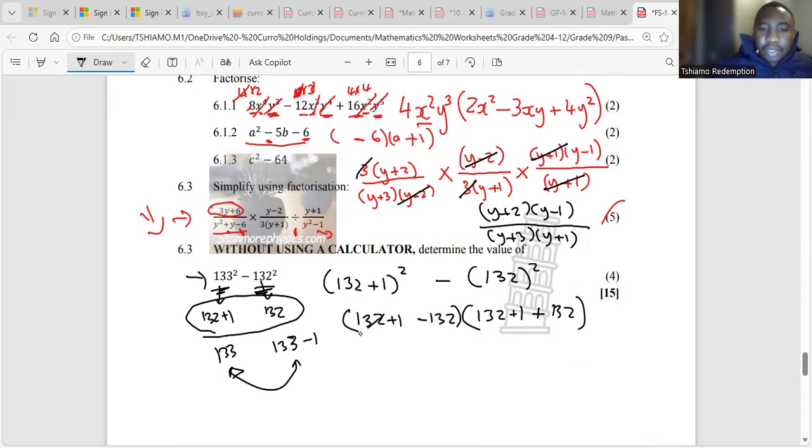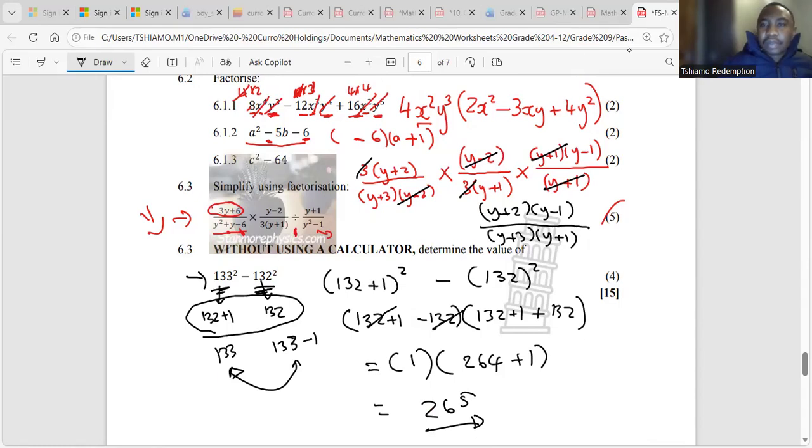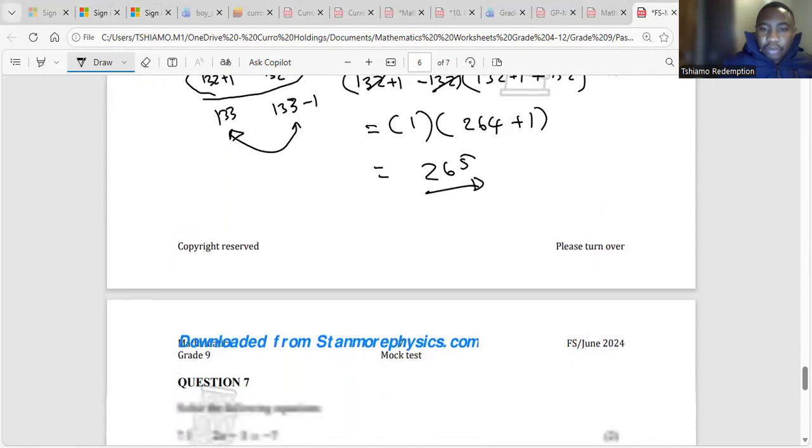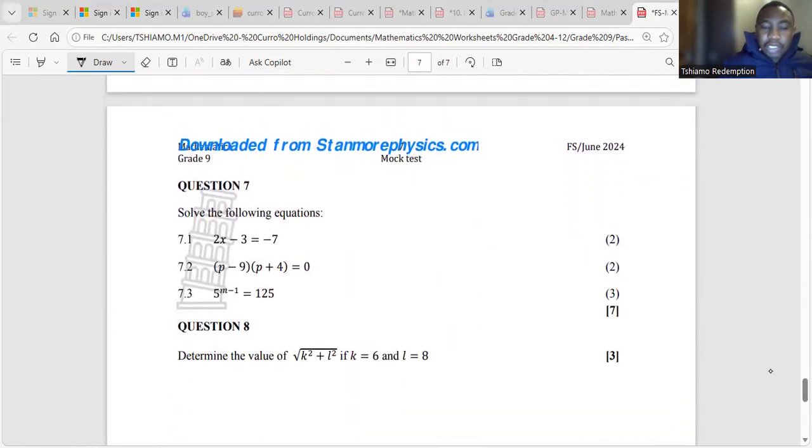Do you see it? So this and that will cancel, and in this bracket I have 1. What about this bracket? I have 264 plus 1, so 265. Yes. Okay. Beautiful question. Wonderful. Okay, lastly, let's do those two questions and then we're done.